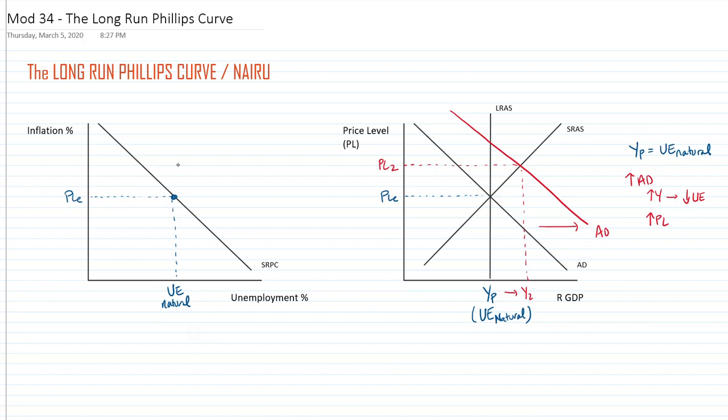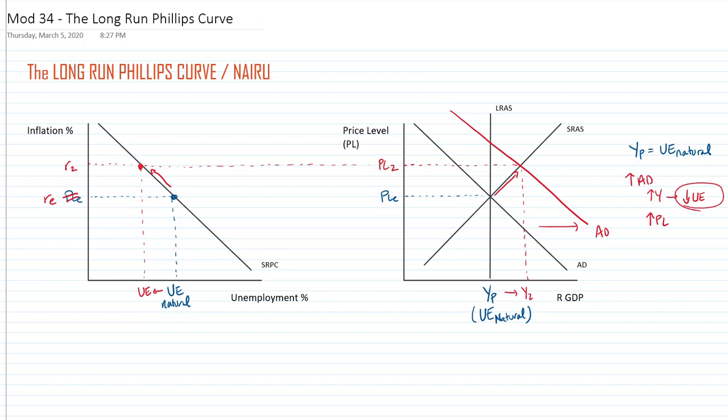And again, these are things that we can carry over to our SRPC, and we can line these things up. In order to shift up and to the right on our SRAS curve, we're going to shift up and to the left, which is going to show us this higher rate of inflation, R2, and this lower unemployment rate, just like we said we were having based on the shift in aggregate demand.